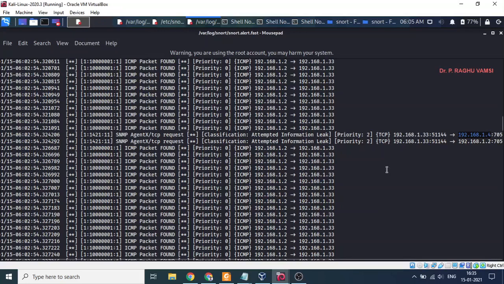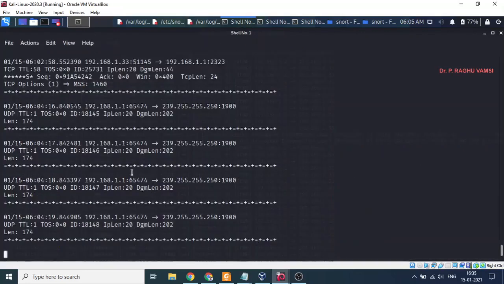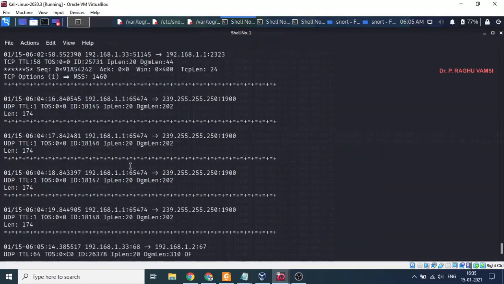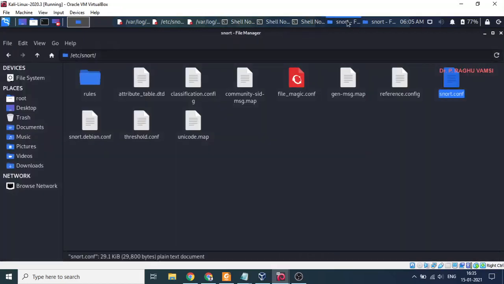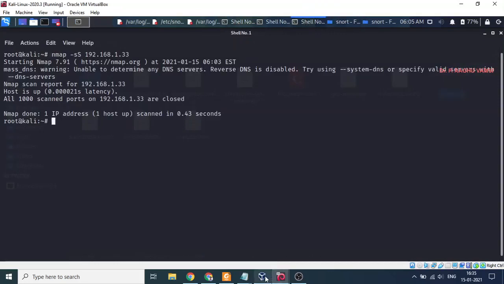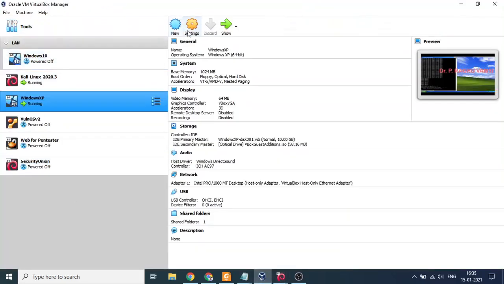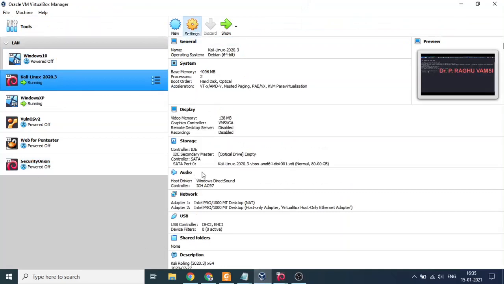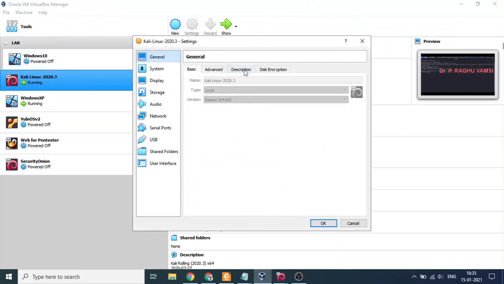Please remember this Snort is the network level intrusion detection system. And we are using the Ethernet 0, eth0, as the source to sniff. So eth0 is connected to the LAN, that is the host-only adapter. Any network that is connected to the host-only adapter will be sniffed. The reason is we have given the option of promiscuous mode.